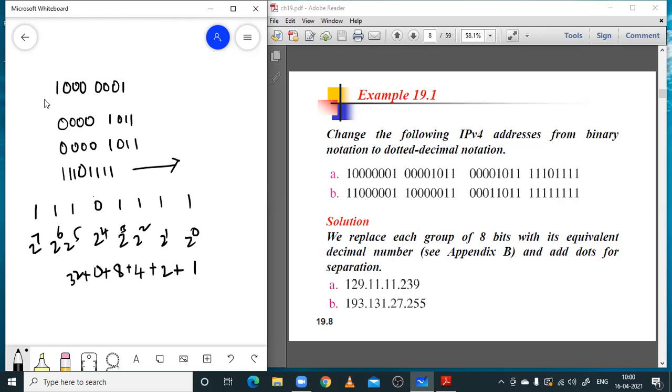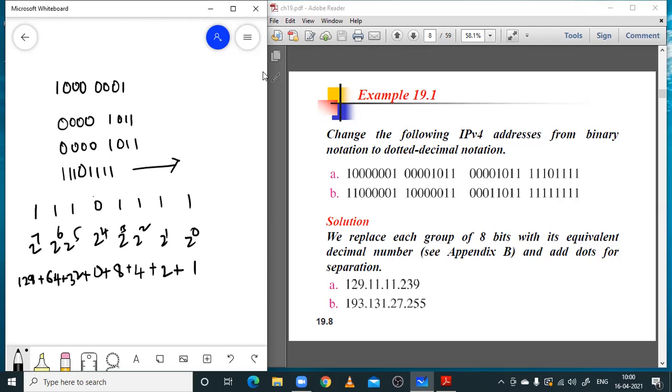Yes or no? 2 power 5 is 32. 2 power 4 is 16, 8 plus 16 plus 32 is 40 and 2 power 6 is 64. Plus 2 power 7 is 128.